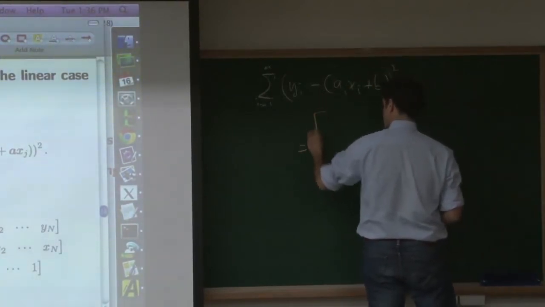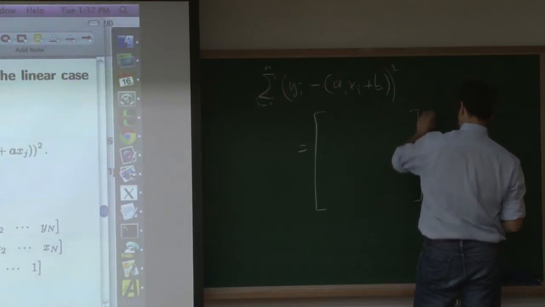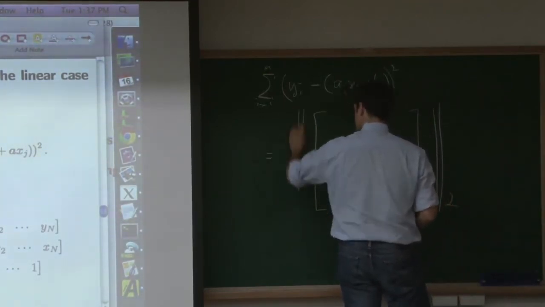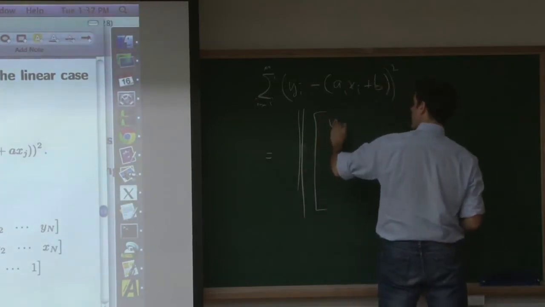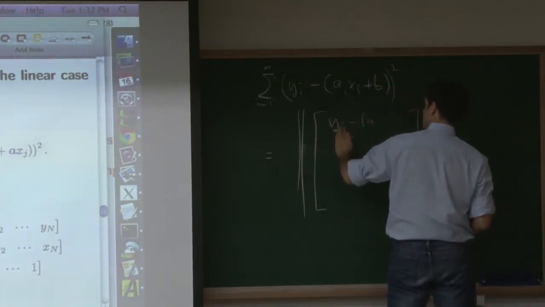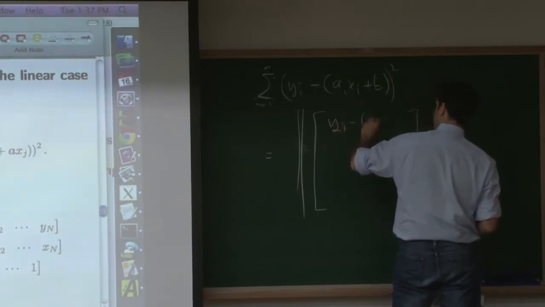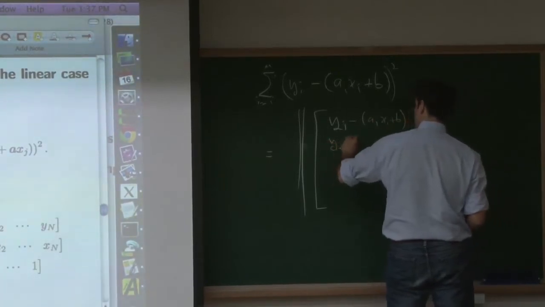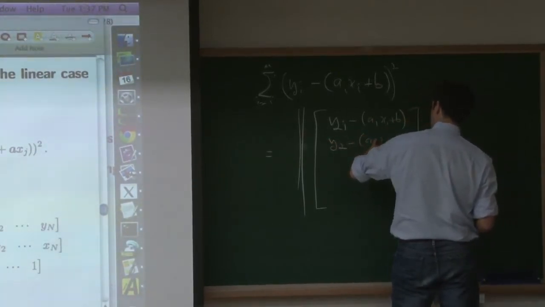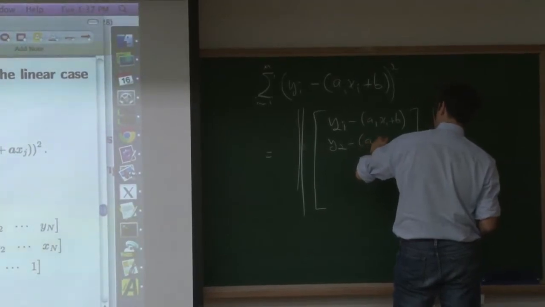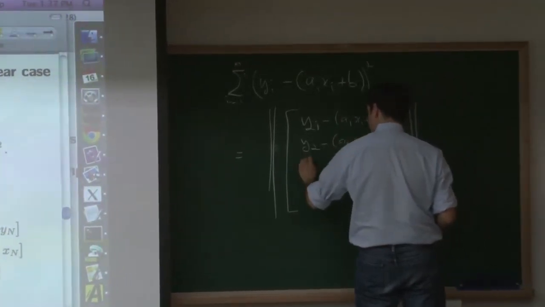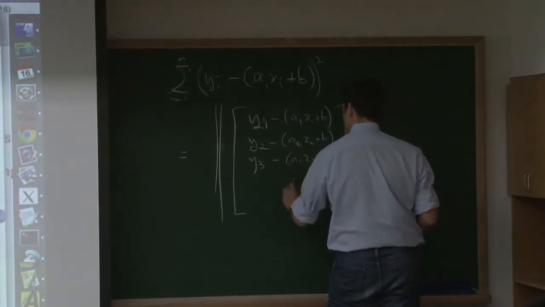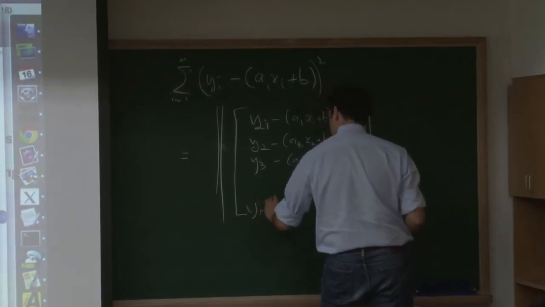And this is the same thing as saying that it's the squared norm of a long vector which has, for n tries, y1 minus a1x1 plus b, y2 minus a1x2 plus b, y3 minus a1x3 plus b, etc., until the last value.